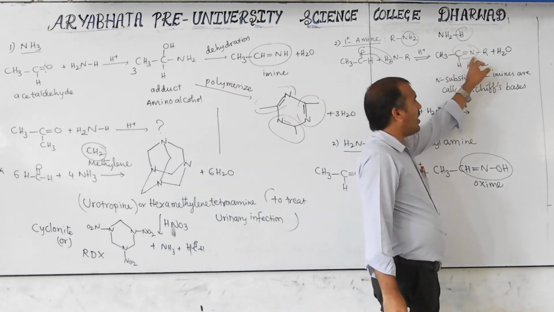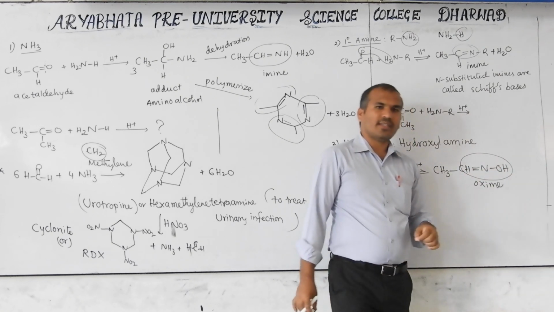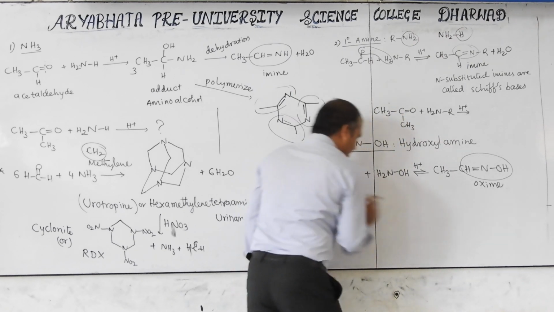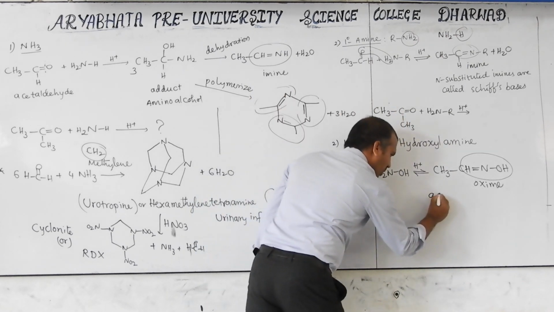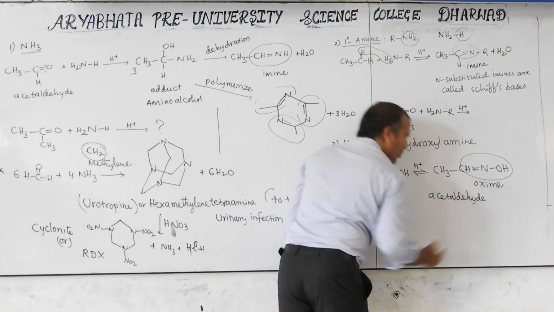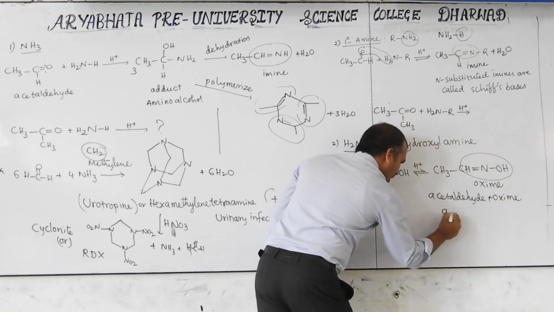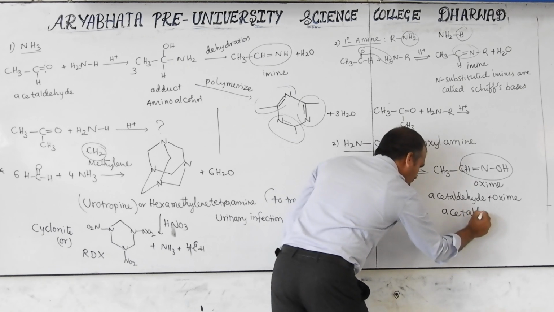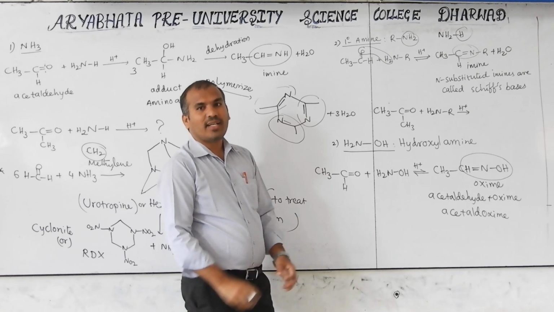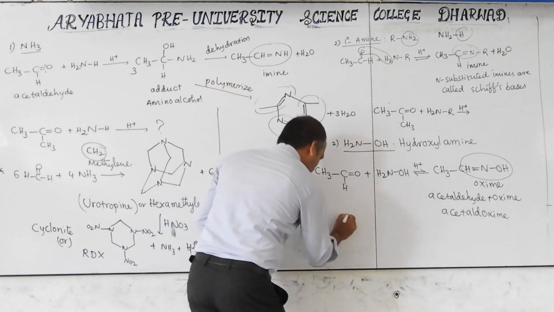Here double bond NR is imine. Double bond NOH is called oxime. So what is the name of this oxime? This is from acetaldehyde plus oxime, total is known as acetaldoxime. What is the name of this compound? Acetaldoxime.